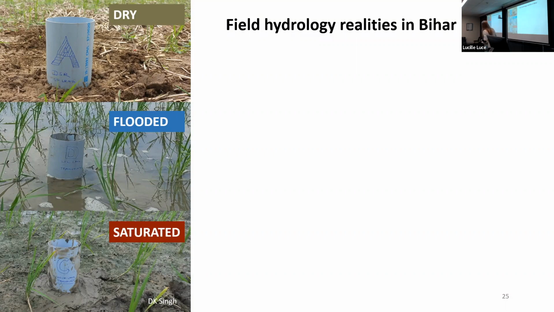So here is a dry, flooded, and saturated field situation. These are 30-centimeter pipes, 15 centimeters above surface level, 15 centimeters below. And every day, measurements can be taken in that pipe to give us a sense of the water level in that field.